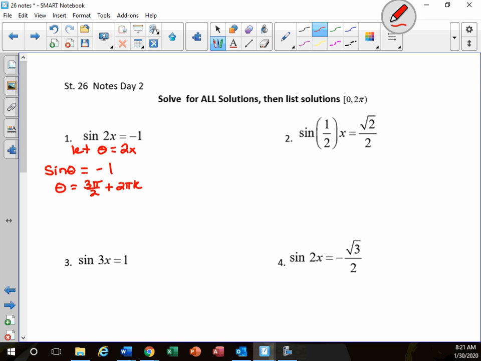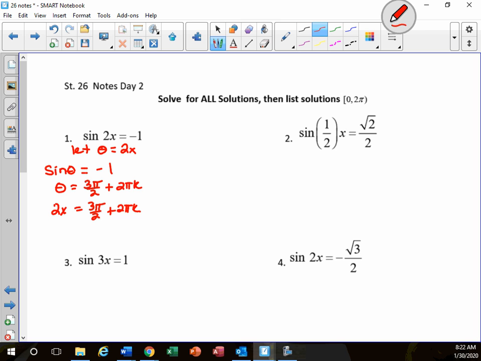All right, is theta what I'm solving for, though? No. So instead of theta, I'm going to say 2x equals 3 pi over 2 plus 2 pi k. Okay, just a substitution. That's all I've done so far. Questions?